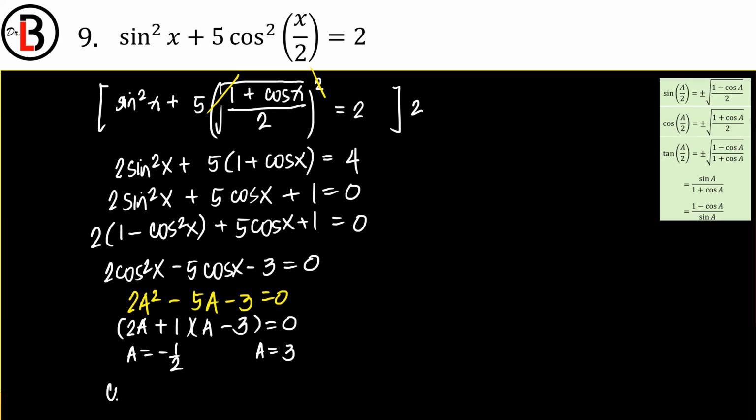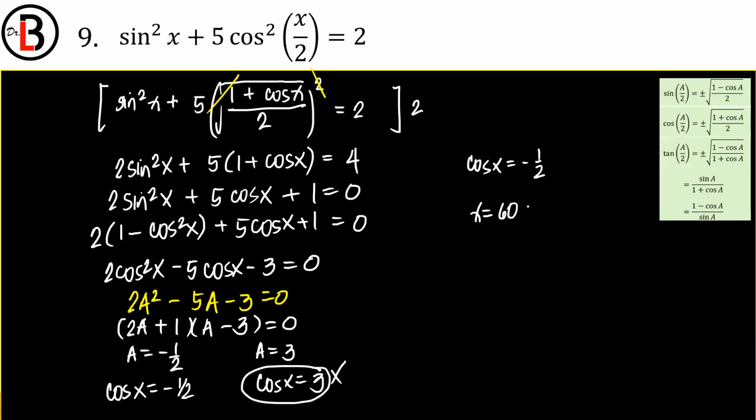But what is a? Cosine x is negative 1 half and cosine x is 3. We know that this one will give us no solution, right? It's not going to give us anything. So cosine of x is negative 1 half. This one would be 60 degrees, but cosine is negative where? In quadrant 2 and quadrant 3. So what is 60 degrees in quadrant 2? That's 120 degrees.